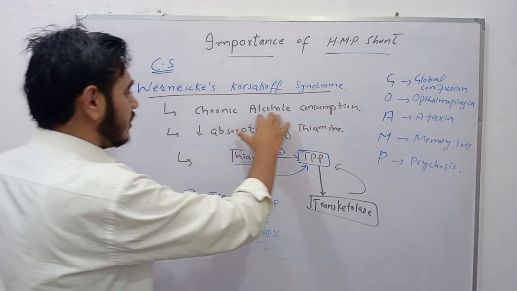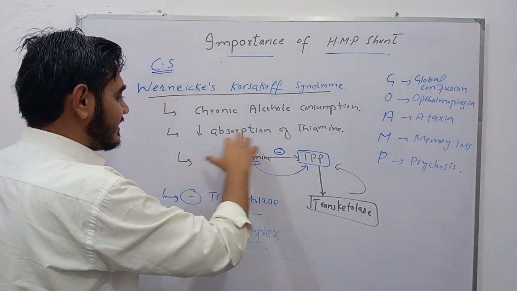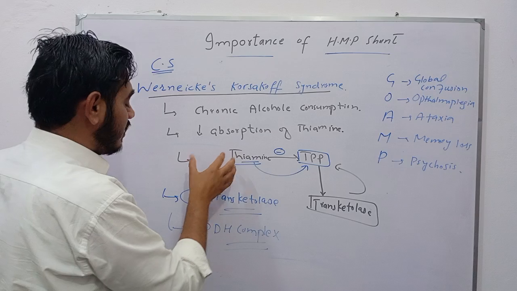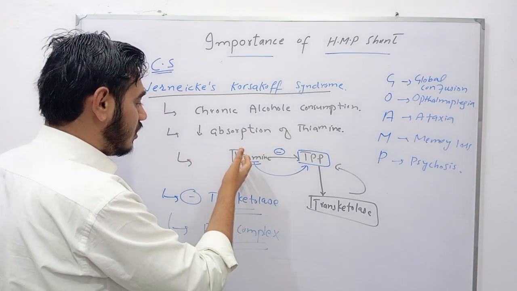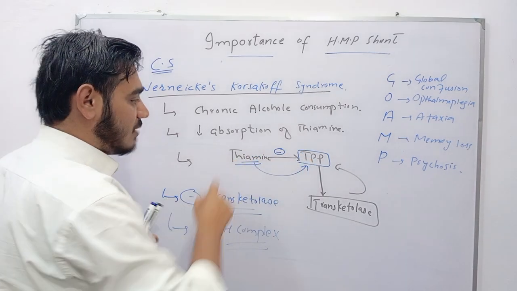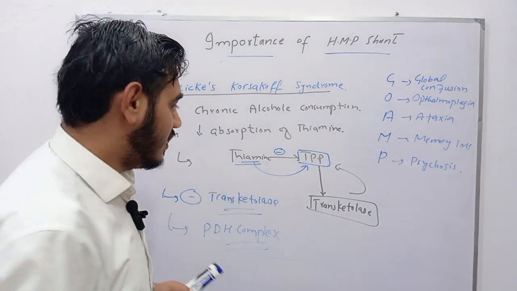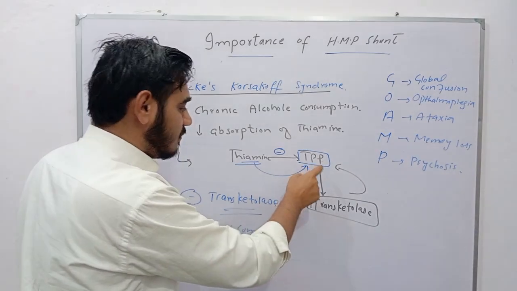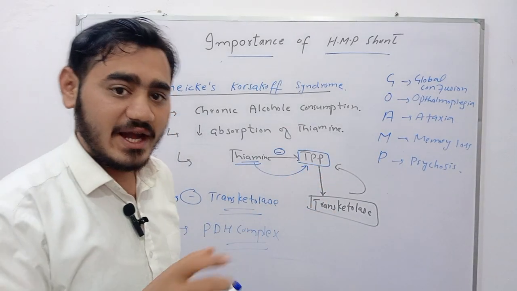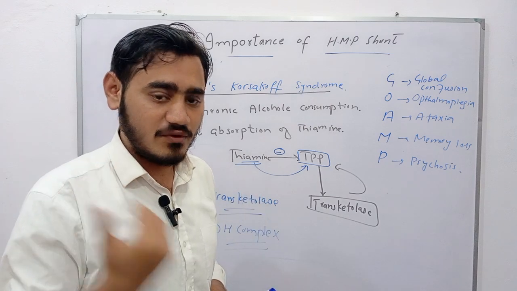It mainly occurs in chronic alcohol consumption, which leads to a decrease in absorption of thiamine, and inhibition of the conversion of thiamine to thiamine pyrophosphate, because thiamine pyrophosphate is the active form of thiamine. This thiamine pyrophosphate is very important for transketolase enzyme activity, as I have already discussed in the first part of the video.